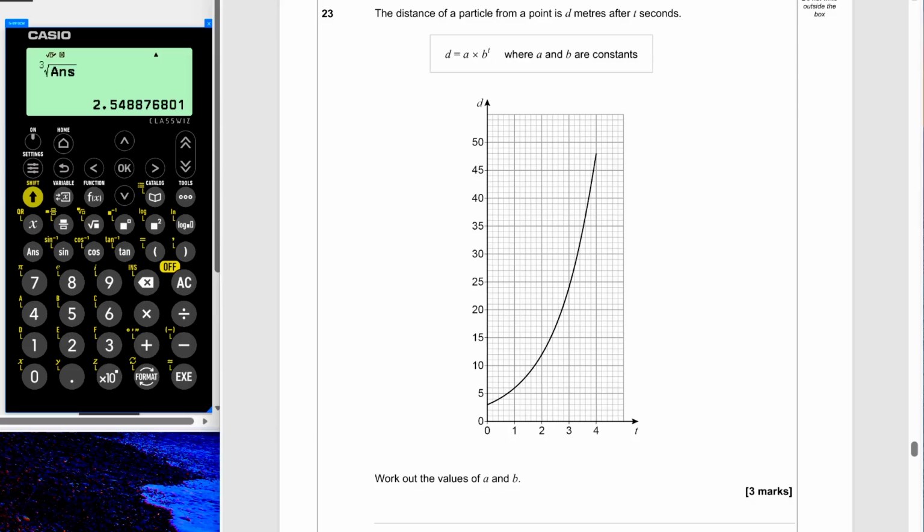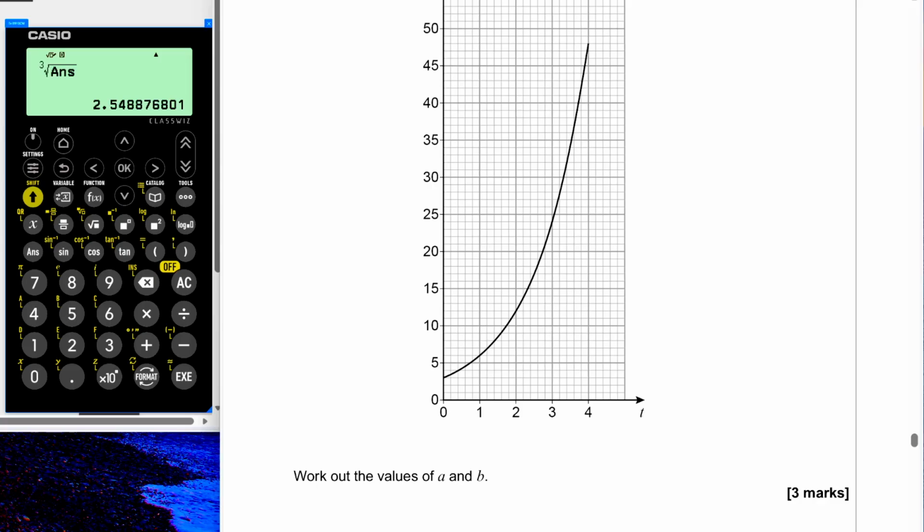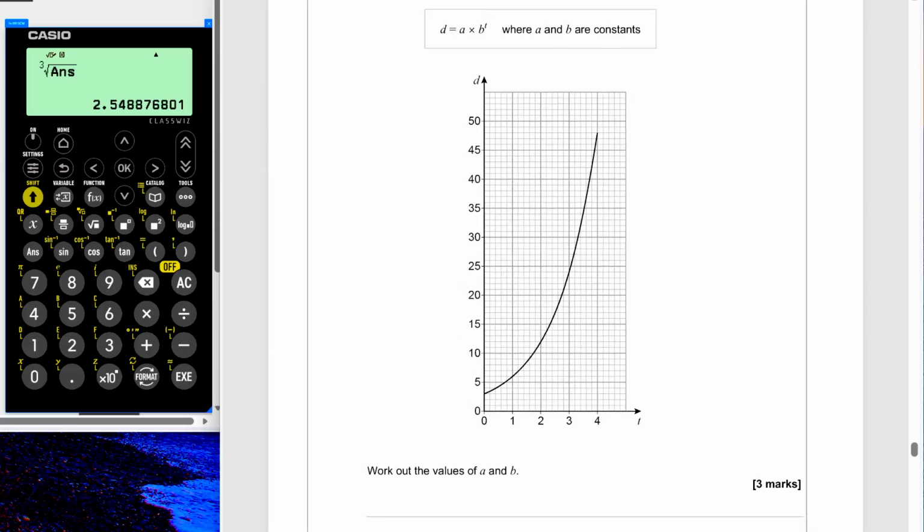Question 23. The distance of a particle from a point is d meters after t seconds, where d is equal to a times by b to the power t, where a and b are constants. Work out the values of a and b. Right, so we're going to start by looking at this point here for a specific reason.